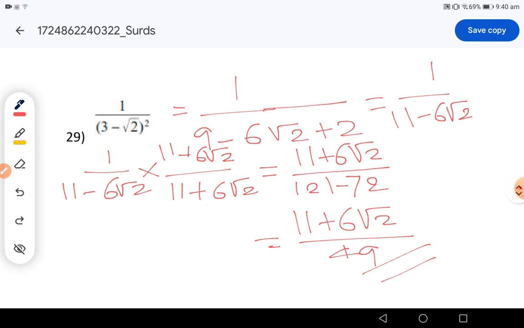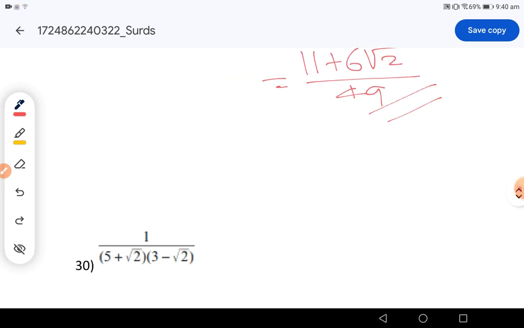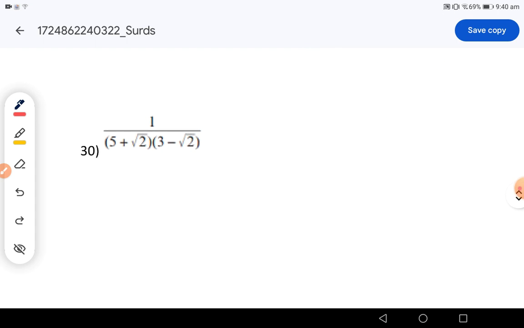Now next question, question 30. 1 minus root 3, 1 by 5 plus root 2, 3 minus root 2.